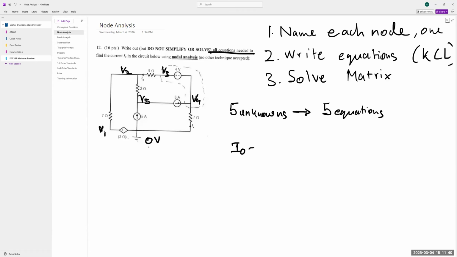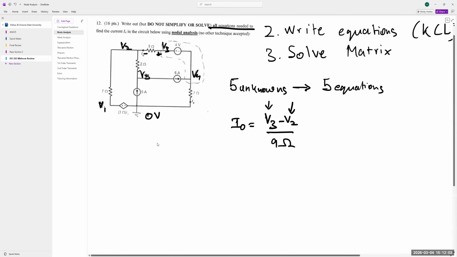I naught, if you just look at the circuit, flows from the right to the left. Therefore, following passive convention, I naught is going to be V3 minus V2 over 9 ohms. So we already have an equation for I naught, but there are two unknowns over here. We don't know what V3 is, and we don't know what V2 is.